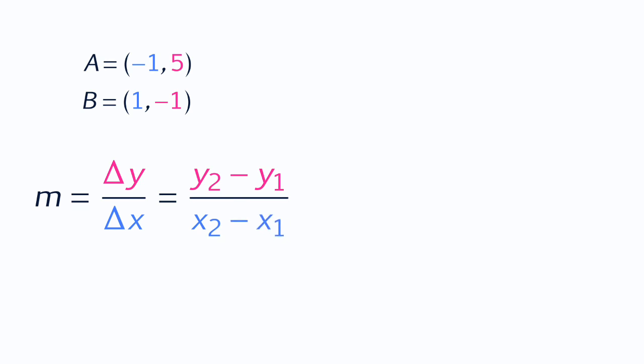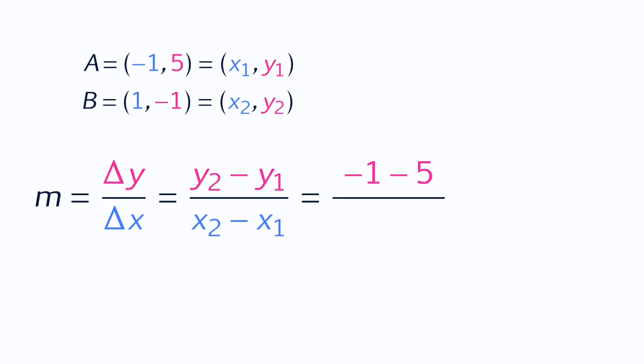If the coordinates for A are the ones used for x1, y1, and the coordinates for B are inserted for x2, y2, then the coordinates in the formula will be as follows. y2 equals -1 and y1 equals 5, while x2 equals 1 and x1 equals -1. Now you are ready to do the calculations.